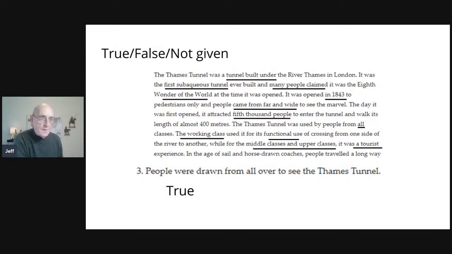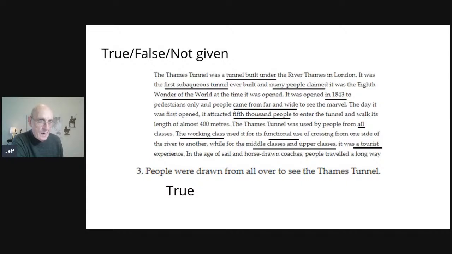Whoops, I put the answer in there a little too quickly. Many people were drawn from all over to see the Thames Tunnel. And again, our clue for knowing that this is true is the paraphrase that we see in the 4th line. The 4th line says, came from far and wide, which is a paraphrase and synonymous with drawn from all over.